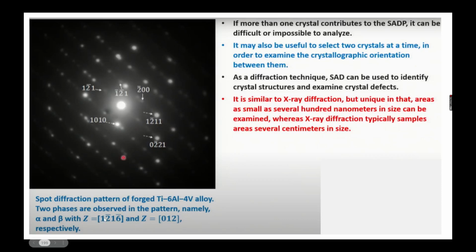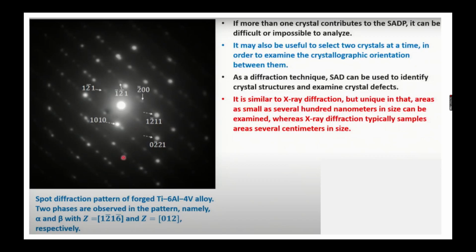By the number itself you can guess that it is HCP, hexagonal close packed, and the beta phase is body centered. If you go through the lectures, you will be able to know how it is determined. There are some rules, and I have also included that in some slide.